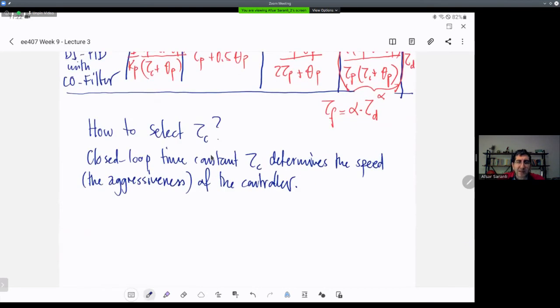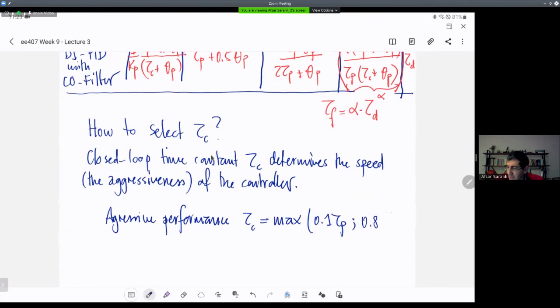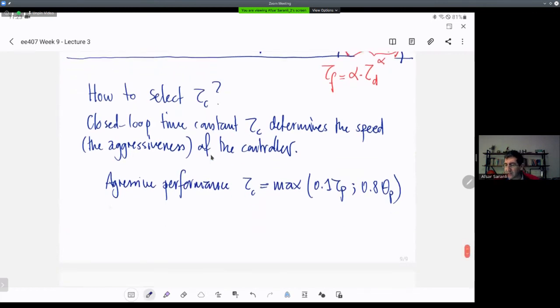So some guidelines are given for that. If you want aggressive performance, fast response, you can select tau c as the maximum of 0.1 tau p and 0.8 theta p. So you see that this is selected as almost 10 times faster than the plant itself. And there is a very simple relationship between the subsequent ones.